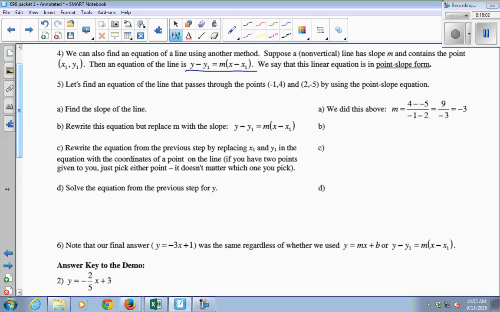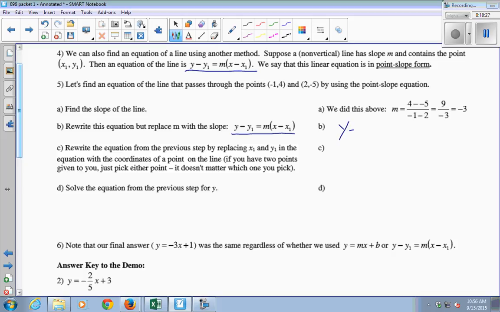So I'm going to do the exact same line, the line that goes through the points -1, 4, and 2, -5, but I'm going to use the point slope form this time. So step 1 is to find the slope of the line. We did that in the previous example, it's -3. Step 2 is to write down the point slope equation of the line and replace the m with the slope number.